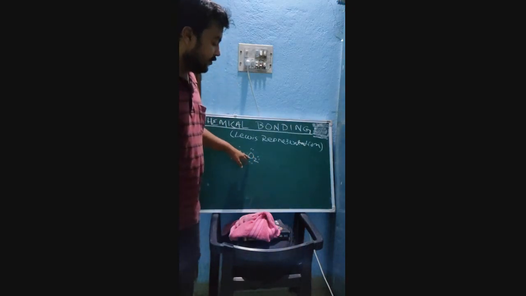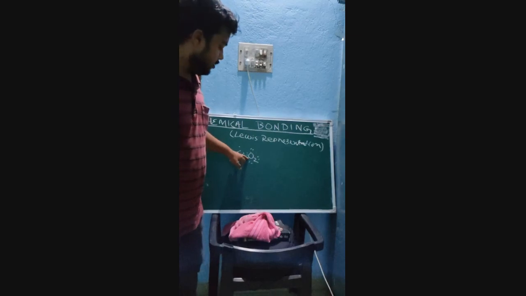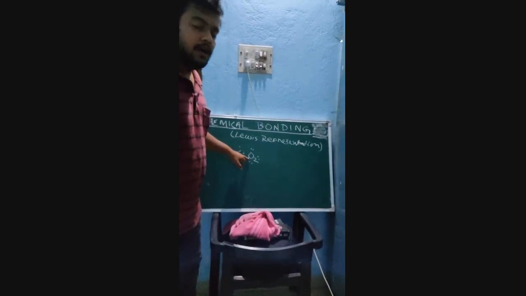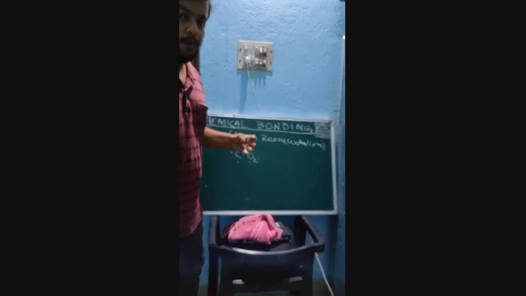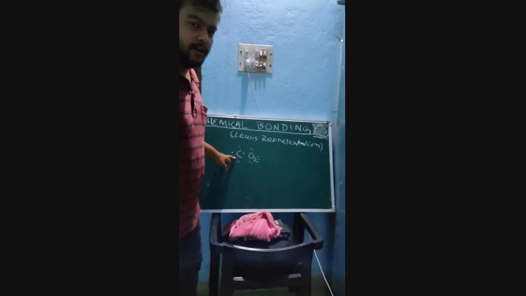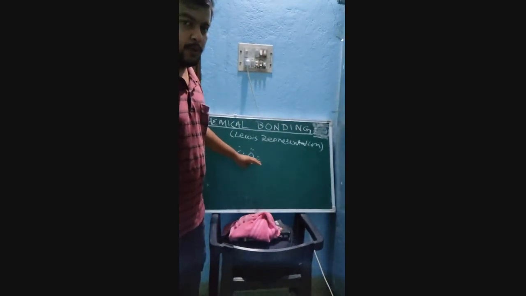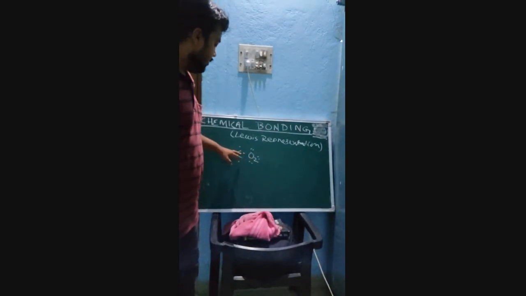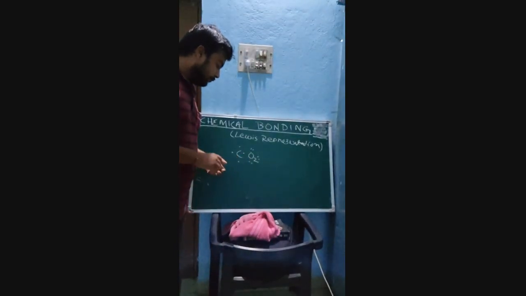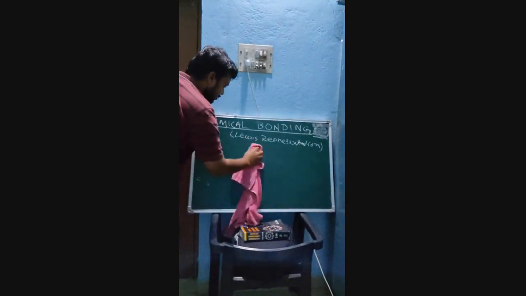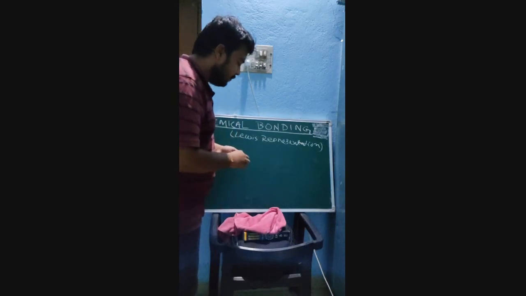So it is easier for oxygen to gain 2 more electrons than for carbon to gain 4 more electrons. Carbon needs 4 electrons but oxygen needs 2 electrons to complete its octet. So carbon is the least electronegative. So now we know the central atom is carbon.